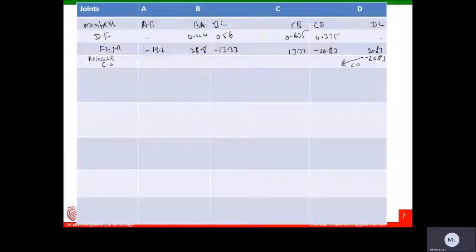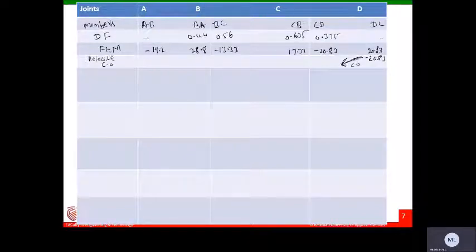So we need to release at any simply supported hinge or roller. The bending moment at that point will be 0 because it is a hinge. Then what I have to do? Release the moment. The fixed end moment is minus 20.83, so I need to release that.